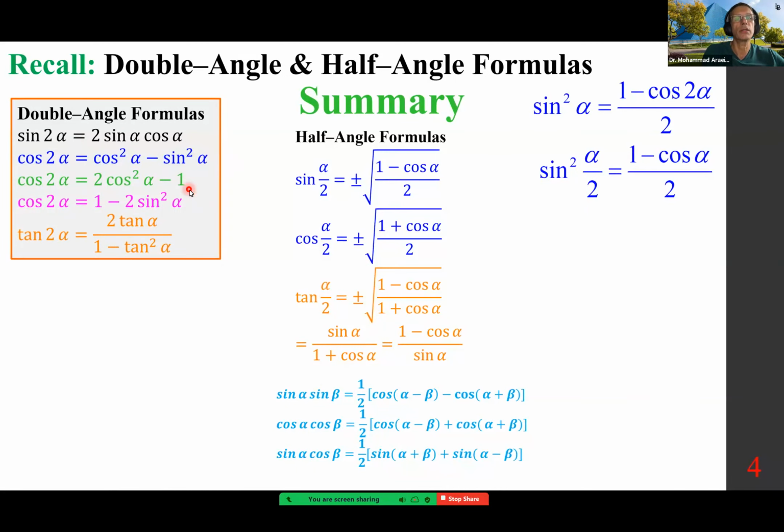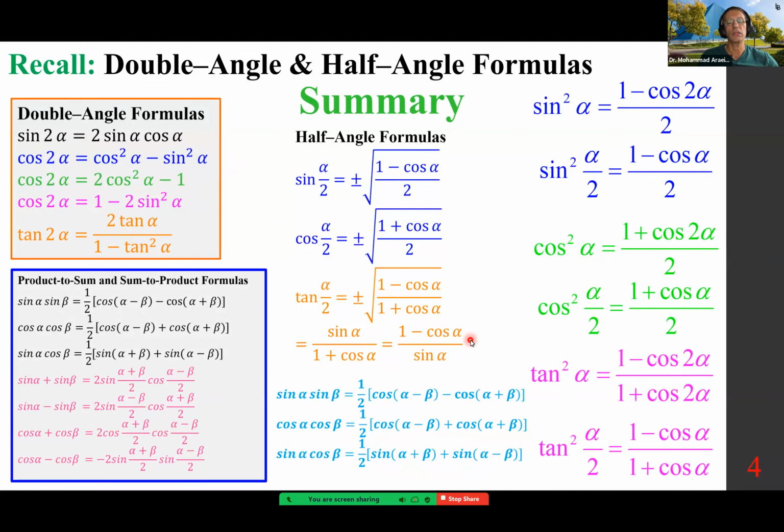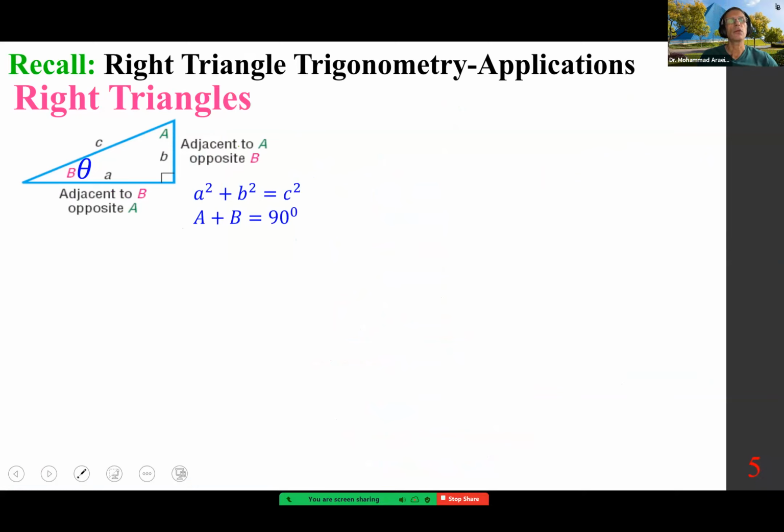Cosine squared alpha is 1 plus cosine 2 alpha over 2. Tan, of course, is the ratio of sine to cosine, and from here we can get the half angles as well. And over here, product to sum, that we really didn't discuss, but it is here in case anybody is interested.